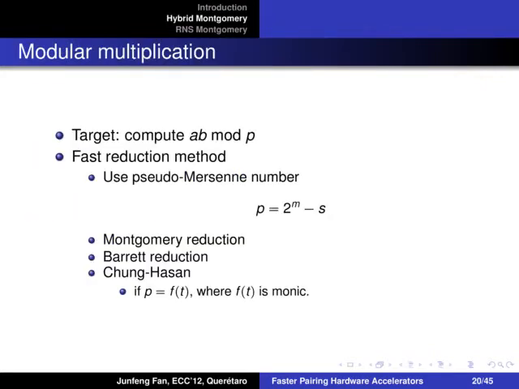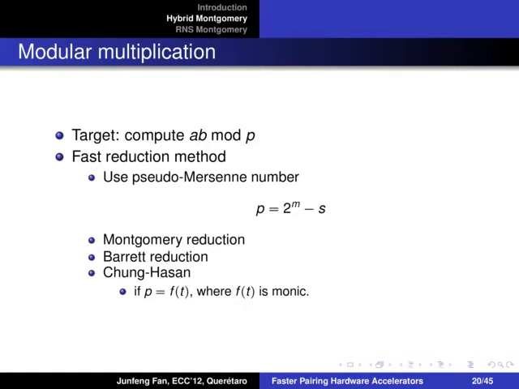So this is a classic problem, right? How to do modular multiplication. For example, NIST suggested, or I don't know if it's NIST, but the curves that they recommended have this kind of form, the Mersenne numbers, because reduction modulo these will be much faster than modulo a random prime number.